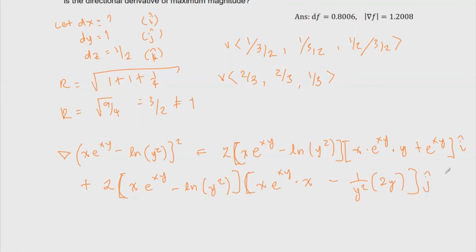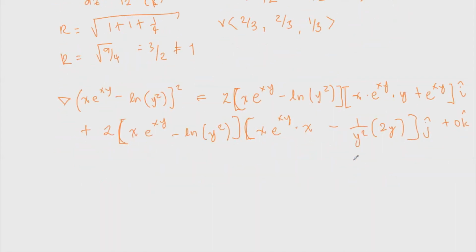And then for k, we have 0k. You don't have to write 0k because we know very well that that's actually 0.